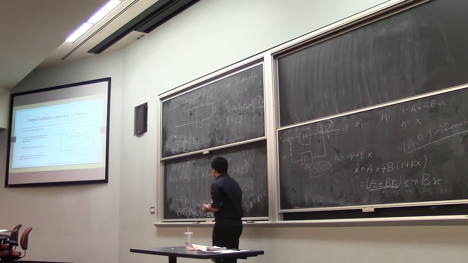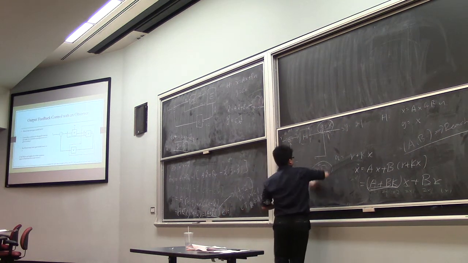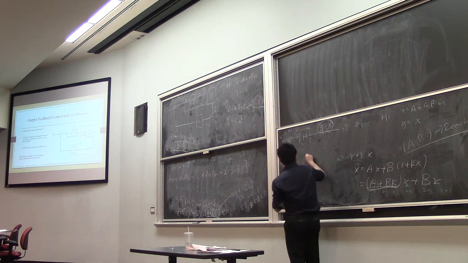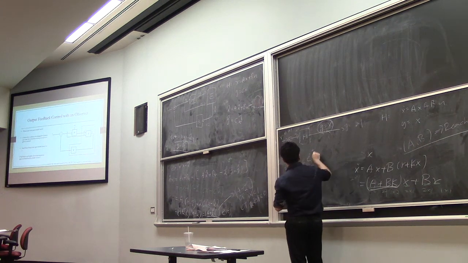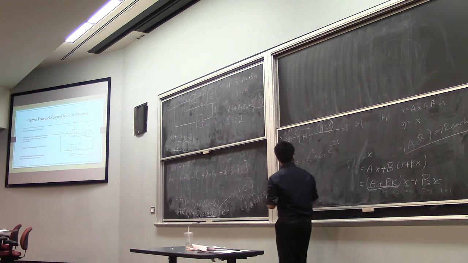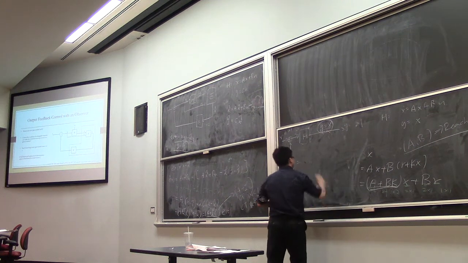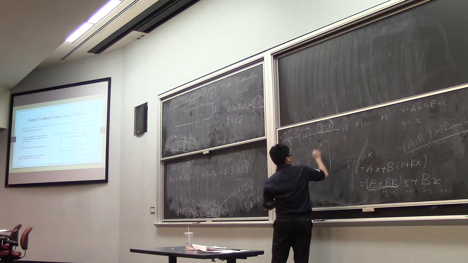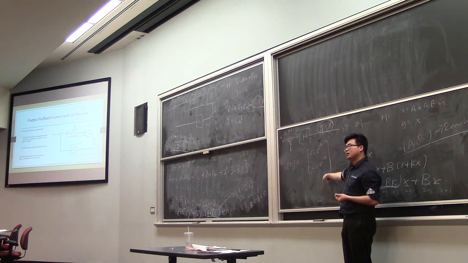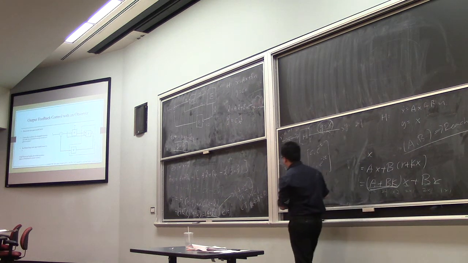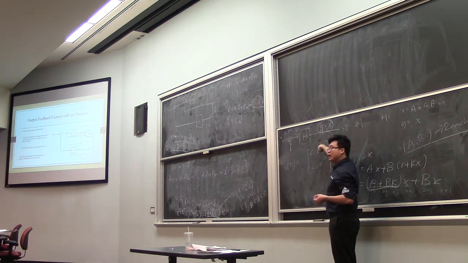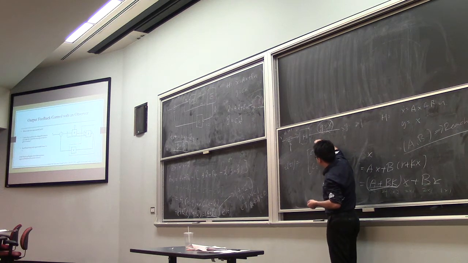So if I told you I wish my error to converge like c1 exponential minus t plus c2 exponential minus 2t, it means the eigenvalues for this matrix should be minus 1 and minus 2.